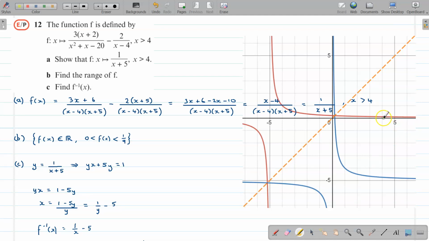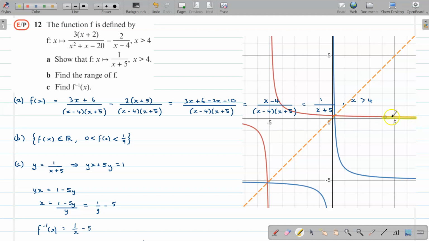So it was this part here, if you like. I'll just highlight it like that for you. It was the bit between there and there, which was 1/9. That was the actual distance between those 2 points, 1/9, which we discovered earlier. And this line continues on getting closer and closer to the x-axis, but never reaching it.